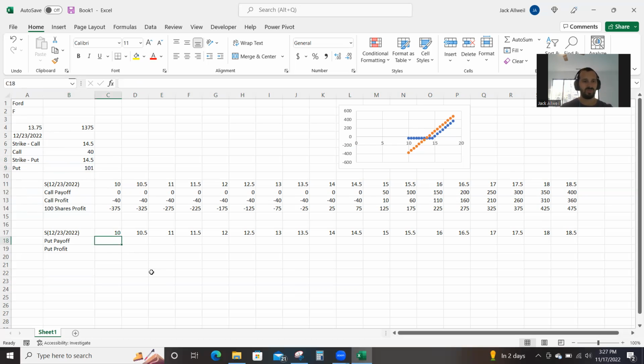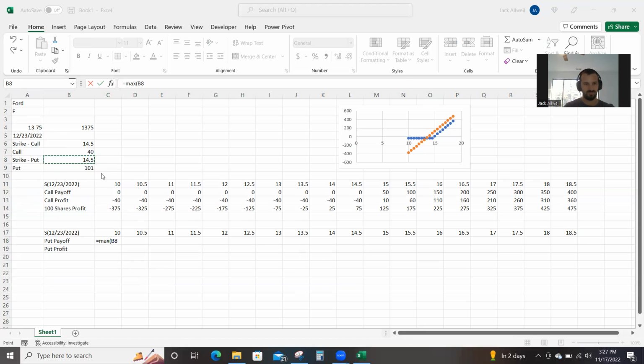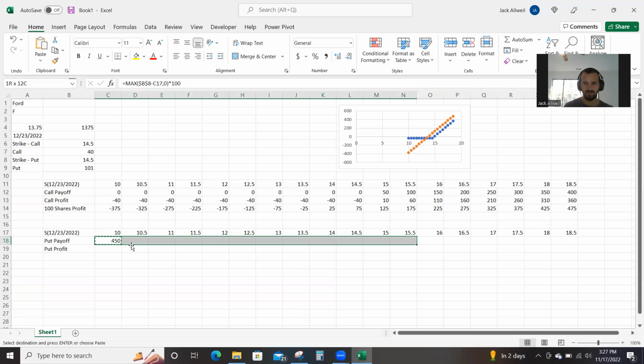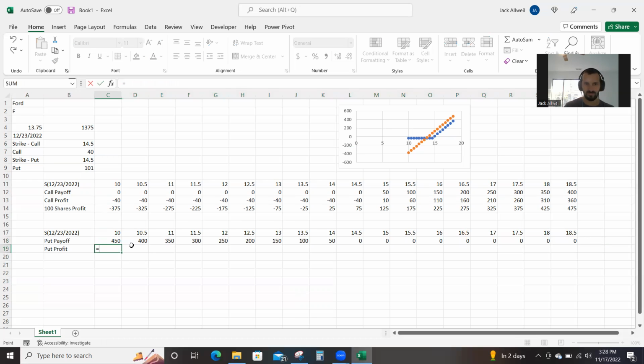So, okay, the payoff on this, the put, this one benefits from the price going down. Simply go this minus this.